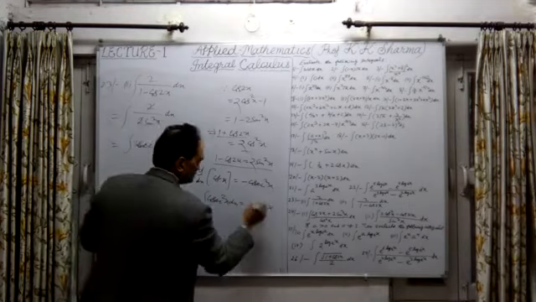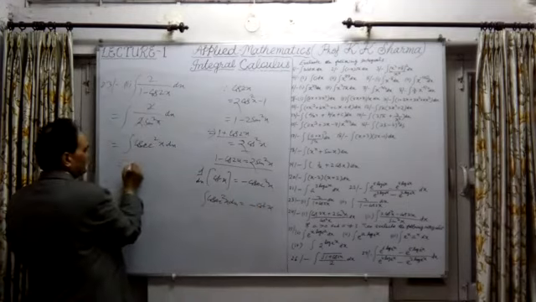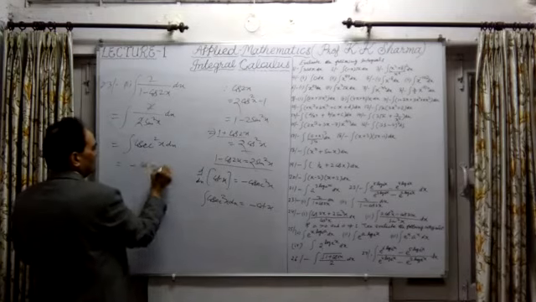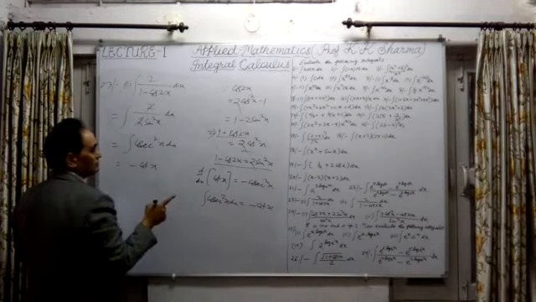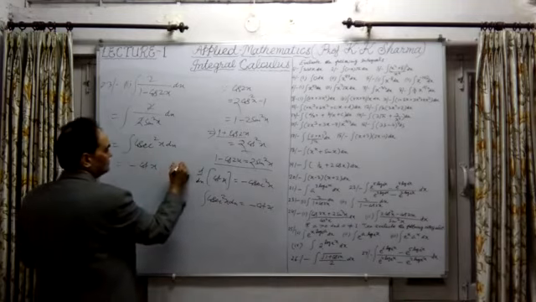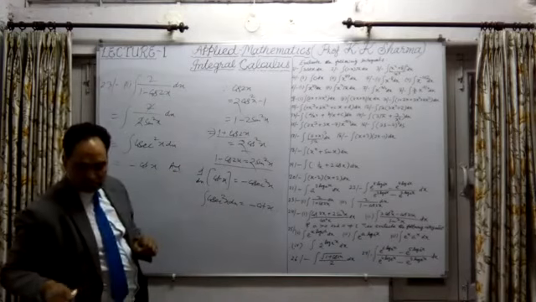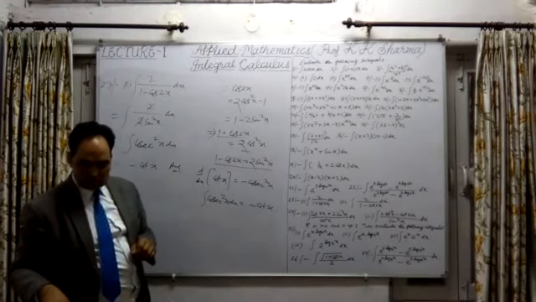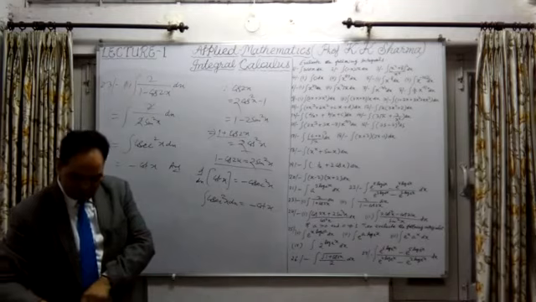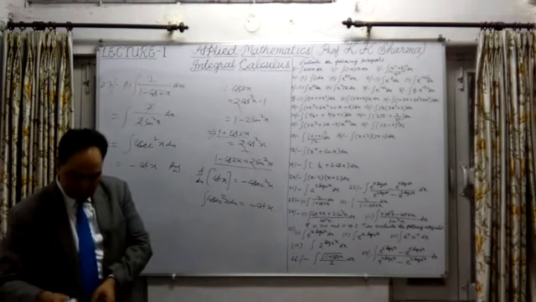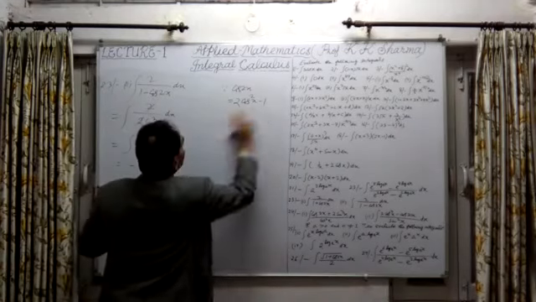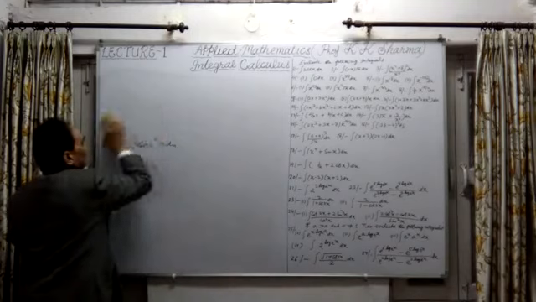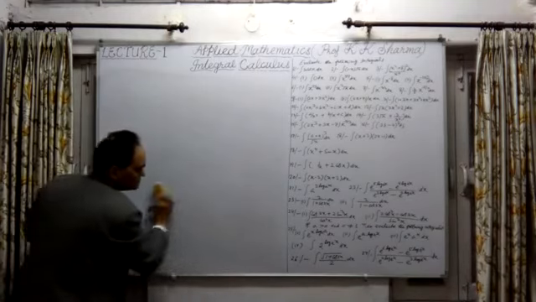So the integration of cosec square x dx equals minus cot x only. So this is the answer to the second part of question number 23 that we have done. Okay, question 23 is completed.